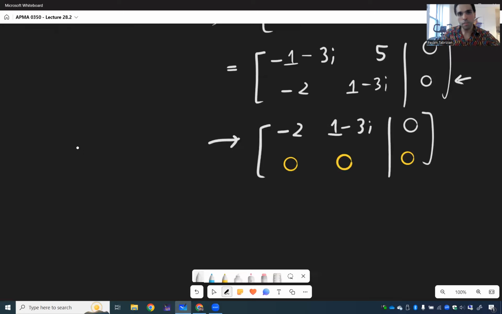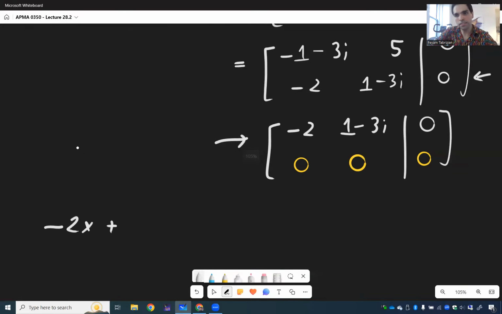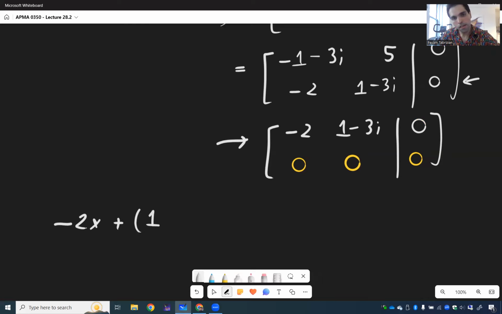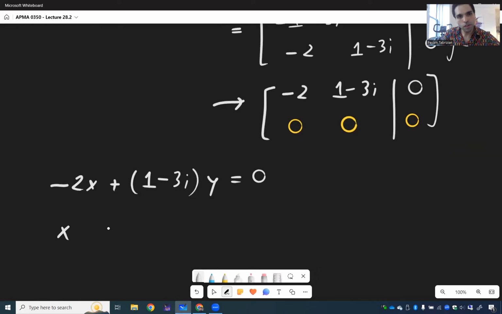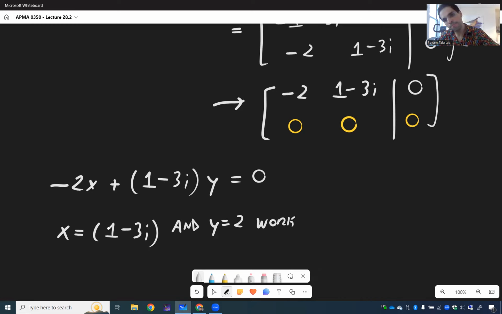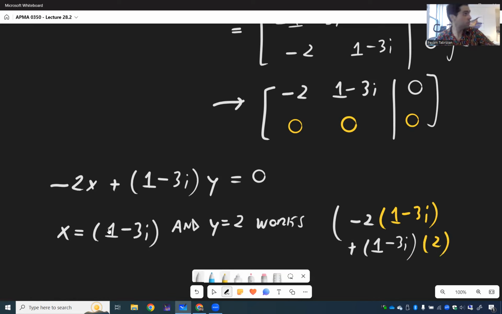And so this gives you minus 2x plus (1 minus 3i)y equals 0. And again, here you can play the guessing game. So x equals 1 minus 3i, and y equals 2 works. Because again, minus 2 times (1 minus 3i), and then plus (1 minus 3i) times 2 equals 0.